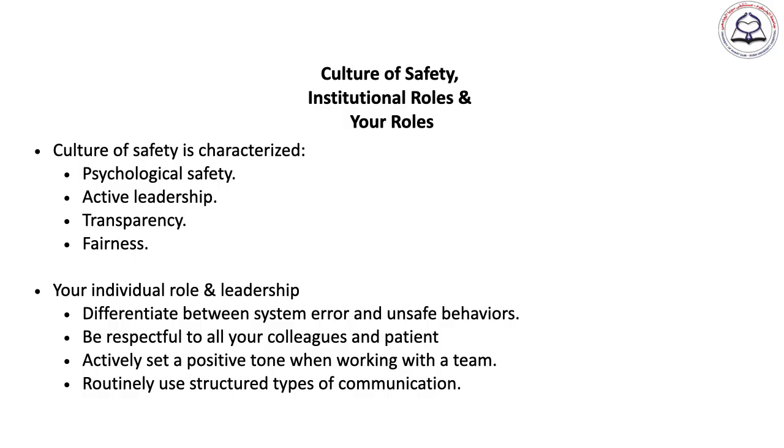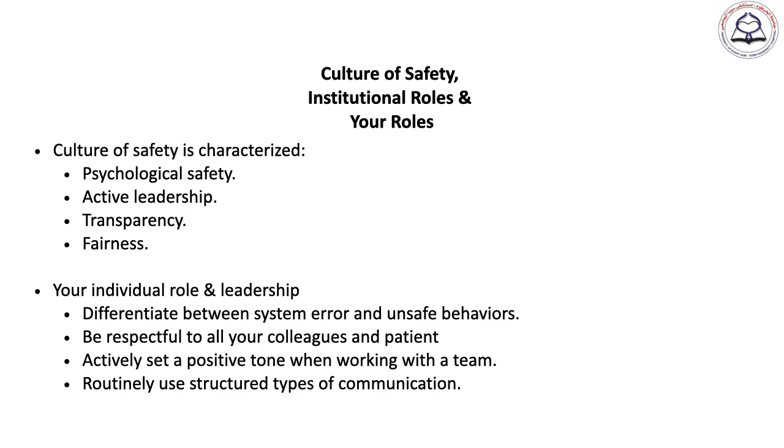The final topic is about culture of safety. In this curriculum guide, culture of safety is scattered across many chapters. We elected to put a special topic about culture of safety, institutional role and individual role. For institutions, it's about creating psychological safety, active leadership, transparency, and fairness.